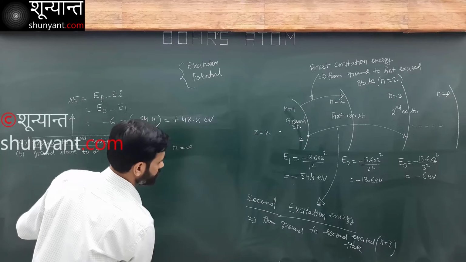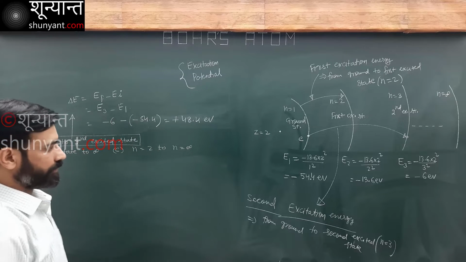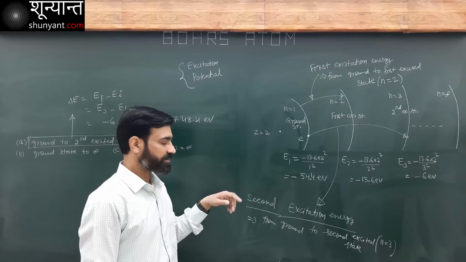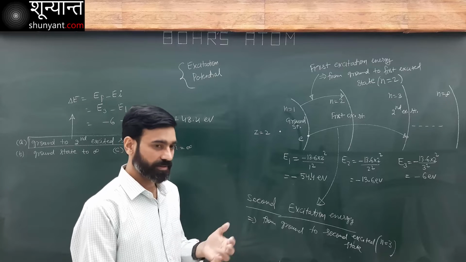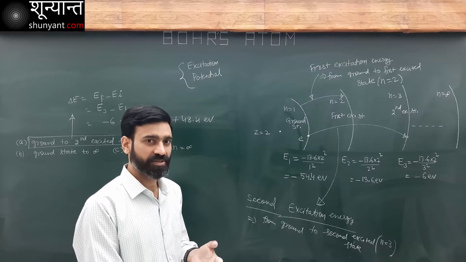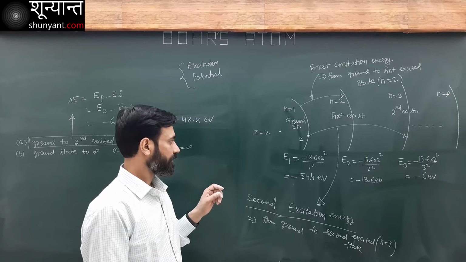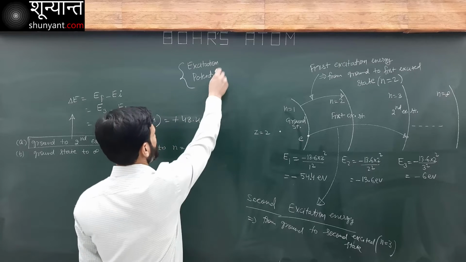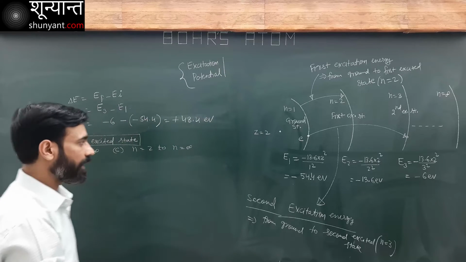Now it's like this. So you understand excitation energy: first excitation energy, second excitation energy. Now, excitation potential.